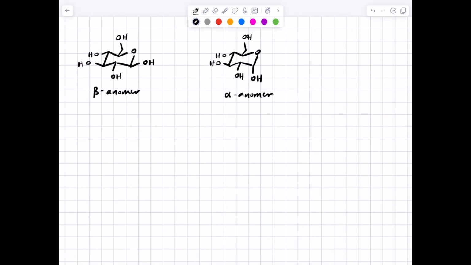And there was a point in the lecture on carbohydrates where I hedged a little and would sometimes draw a carbohydrate like this, where I would use a squiggly line at the anomeric carbon to indicate a mixture of alpha and beta anomers. Why would I do that?